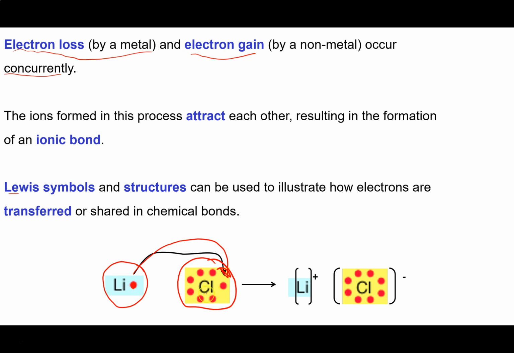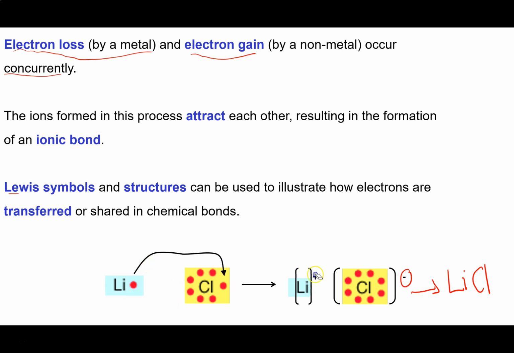So the lithium becomes singly positively charged, and the chlorine ends up with a full set of 8 electrons and becomes singly negatively charged. These ions will then attract one another and become stuck together and form the compound lithium chloride. So we can use Lewis symbols to illustrate this transfer process.